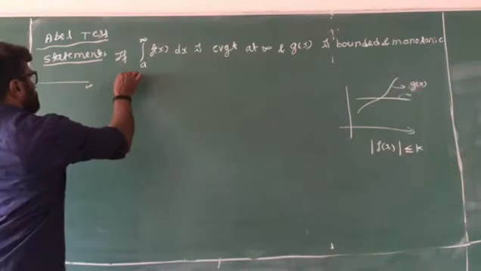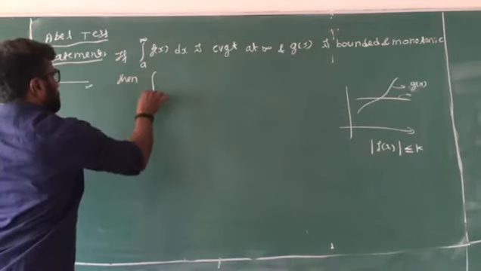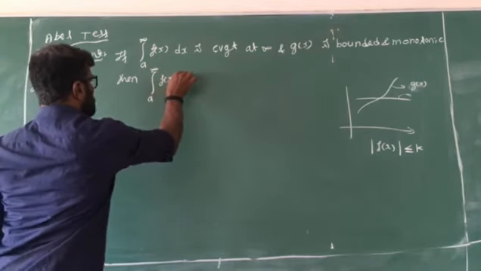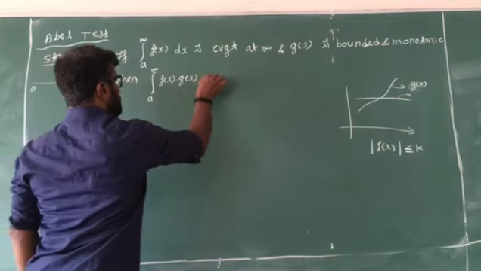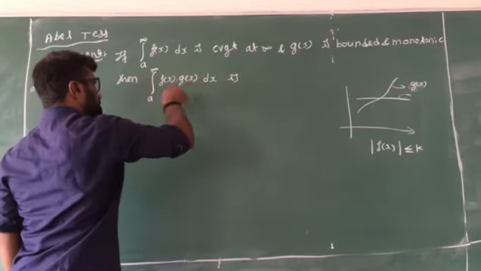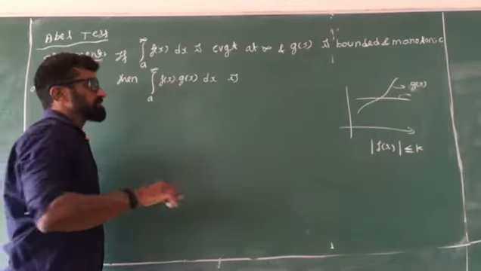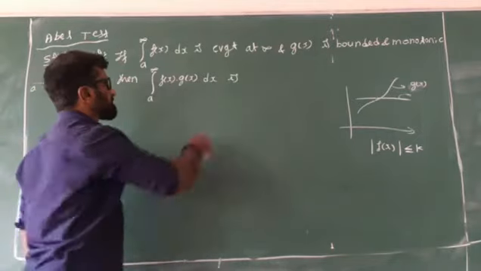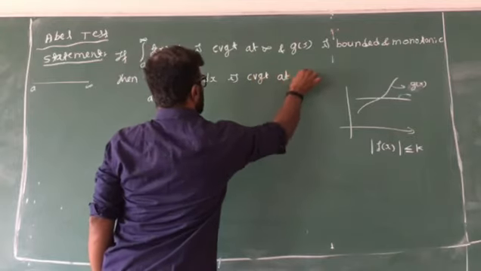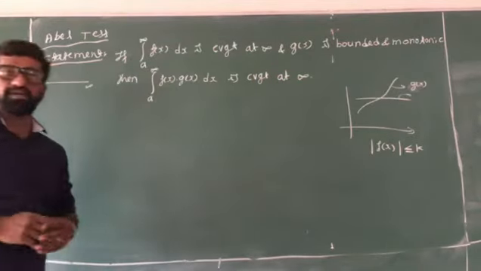Then the integral from a to infinity of f of x into g of x dx, the product of two functions, is also convergent at infinity. This is the statement of Abel test.